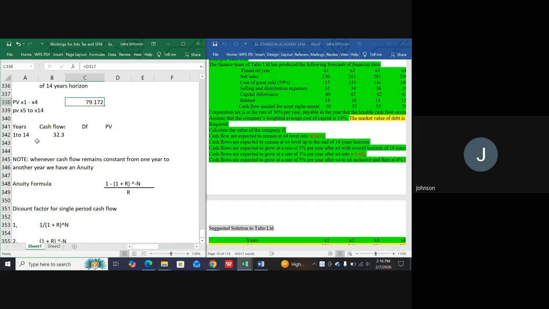So what do we do? First, use the annuity formula to get 1 to 14. Once you have gotten 1 to 14, then you also get 1 to 4. Take it away from 1 to 14 so that you get 5 to 14. So for 1 to 14, we are going to get our discount factor. How do you get it? Here you have 1 minus, open bracket, 1 plus r raised to power minus n, divided by r.